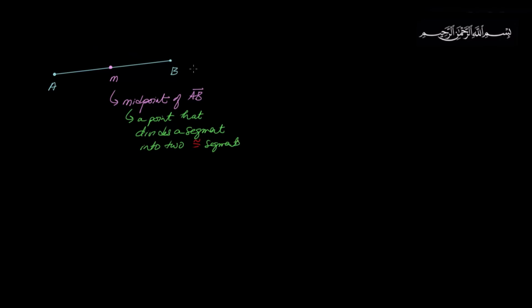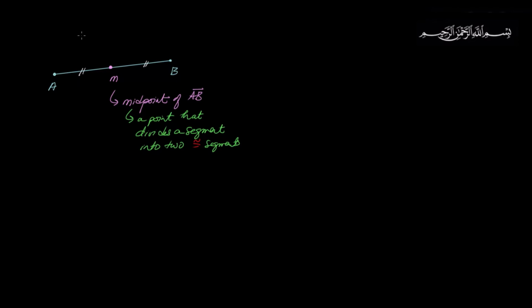Now, we can say two segments are congruent. We can represent that by placing same marks like this on the segments. So here, to designate AM is congruent to MB, we can put one tick mark, or sometimes you can do two tick marks, or sometimes you can use any other similar symbol to suggest that the two segments are congruent.